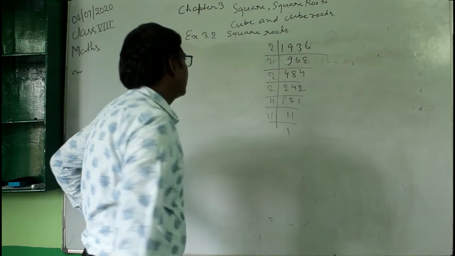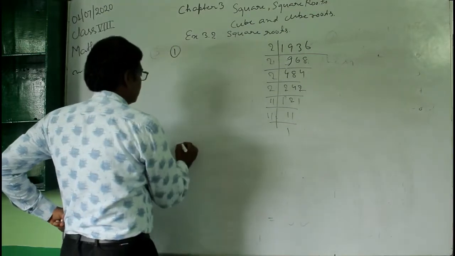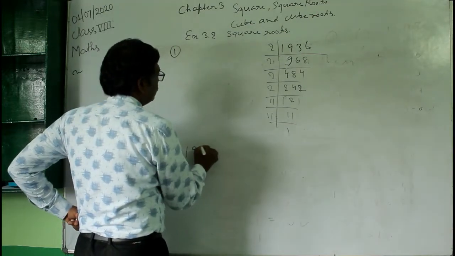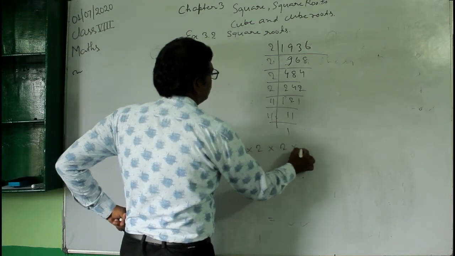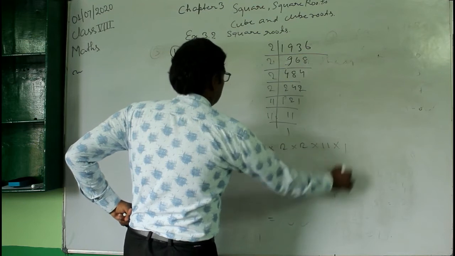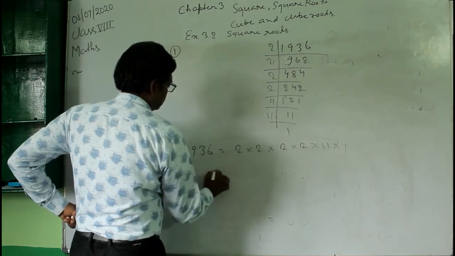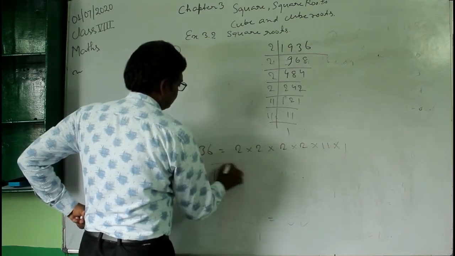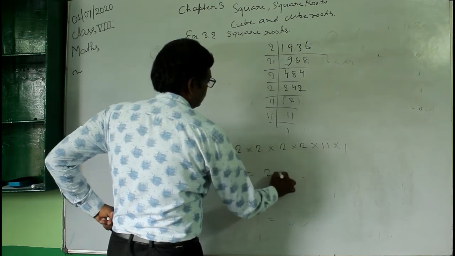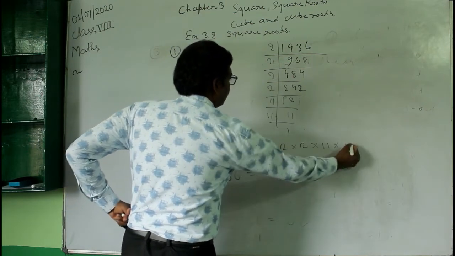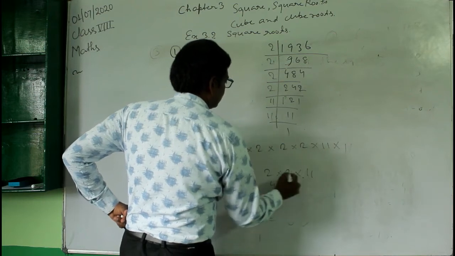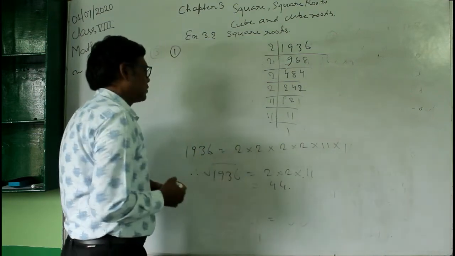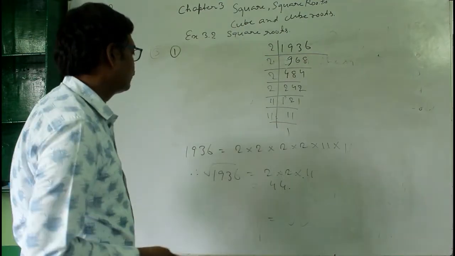So this is the prime factorization of this number, and therefore you will write 1936 equal to 2 into 2 into 2 into 2 into 11 into 11, and therefore the square root of this number is 2 into 2 into 11. So the answer is 44.